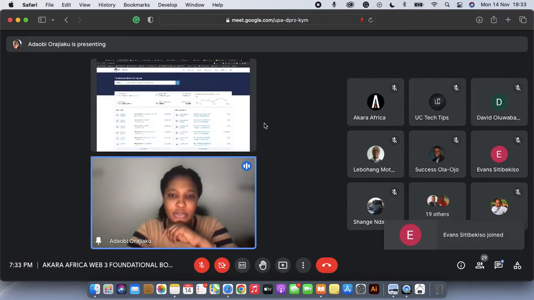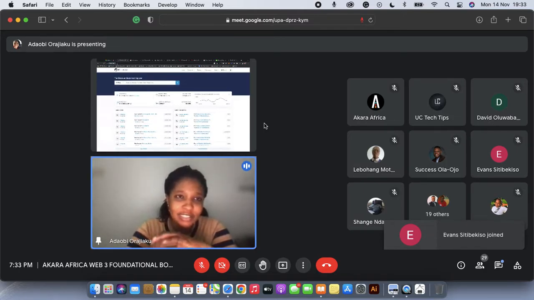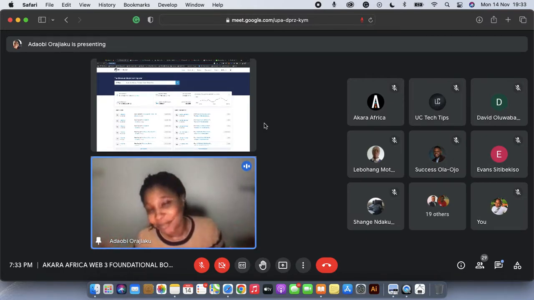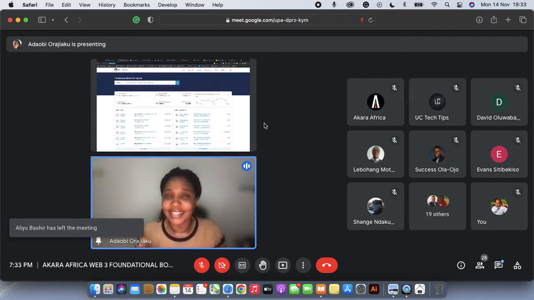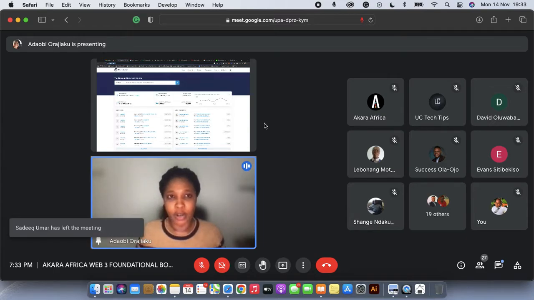I am also going to go to the Ethereum blockchain explorer, etherscan.io. Again, Ethereum is not the only network. There are plenty of networks. However, it's the first programmable blockchain, the first blockchain that says you can host a smart contract here and manipulate data.